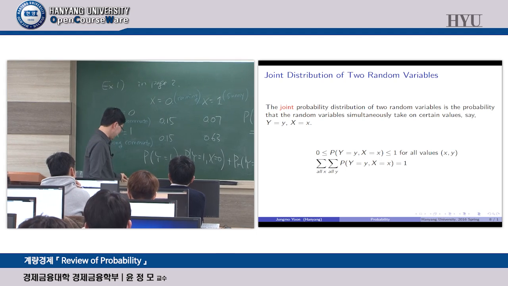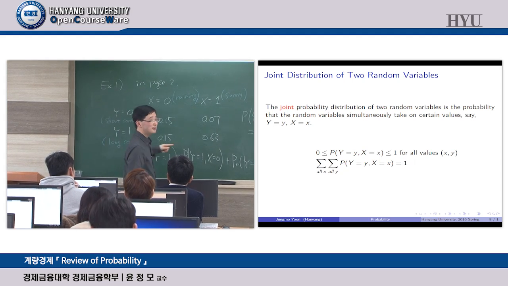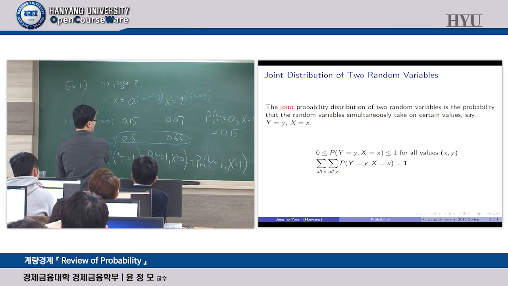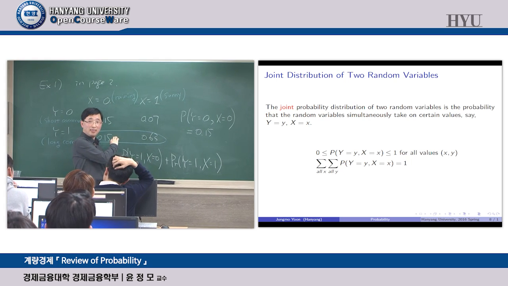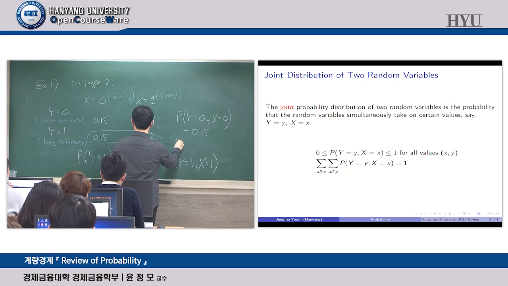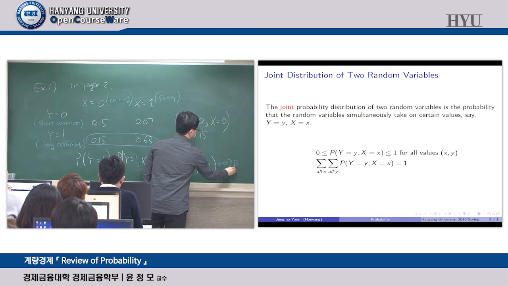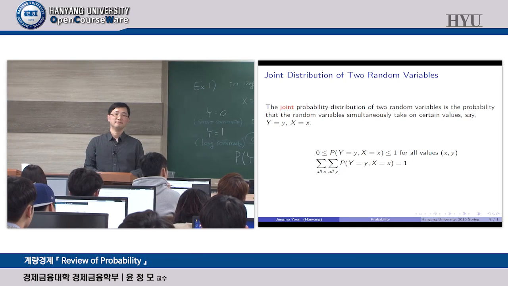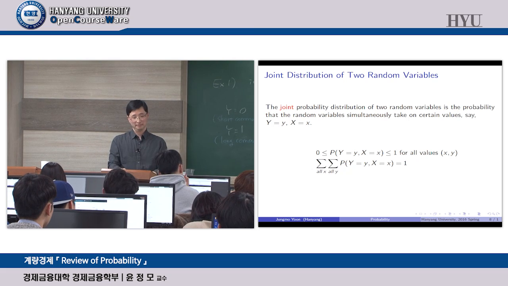In statistics, we get the marginal probability by summing the numbers, row-wise and column-wise. The marginal probability of y equal to 1 was a sum in this direction. Do you remember that? So 7, 8. That is the marginal probability. So how do you get the marginal probability again? You sum up joint probabilities.